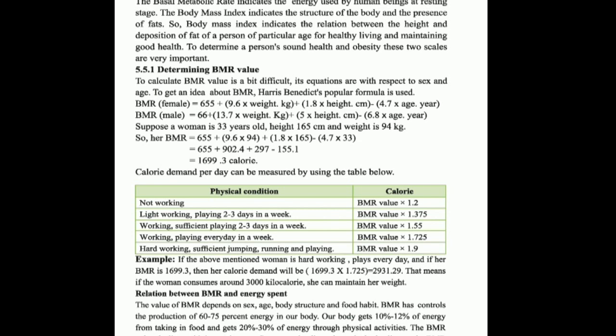The BMI is a convenient rule of thumb used to broadly categorize a person as underweight, normal weight, overweight, or obese based on tissue mass and height. Commonly accepted BMI ranges are underweight under 18.5 kg per meter square, normal weight 18.5 to 25, overweight 25 to 30, and obese over 30.